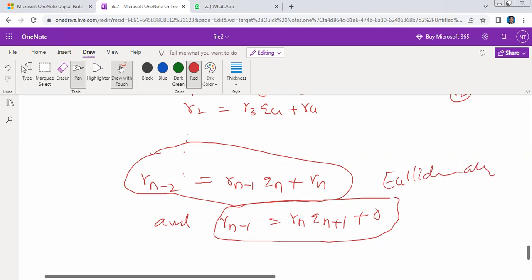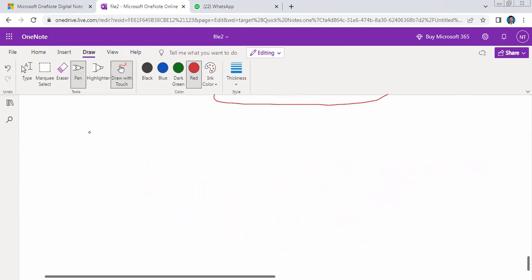Suppose I take 7 and divide 7 by 4. What do we get? 7 is equal to 4 times 1 plus remainder 3.